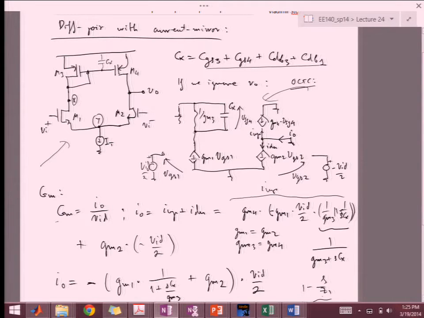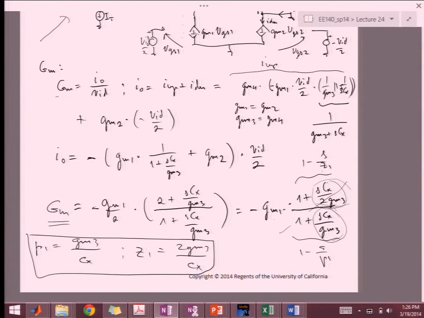And even if I had ro hanging off of here, this resistance is a lot smaller. So what Cx sees is just 1 over GM3. So my pole is just going to be minus 1 over GM3 times Cx, and that will be really just minus GM3 over Cx.